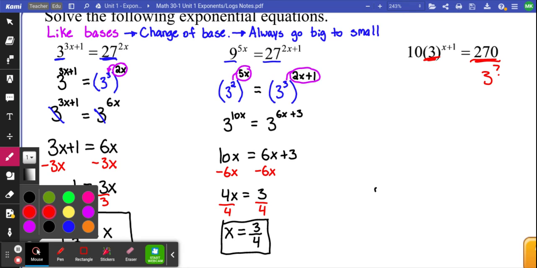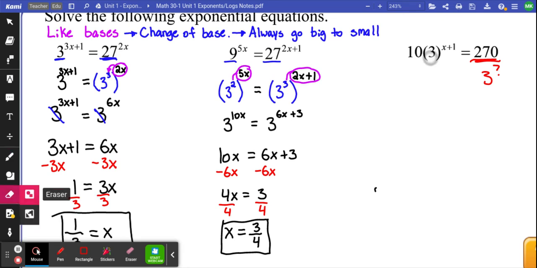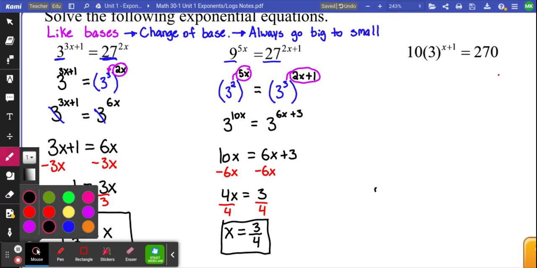So instead, what you're going to have to do now is take that 270 and split it up into two different numbers. One of which can be anything.